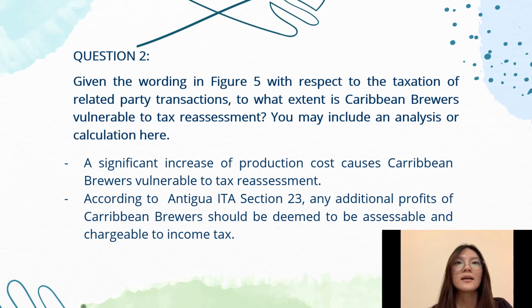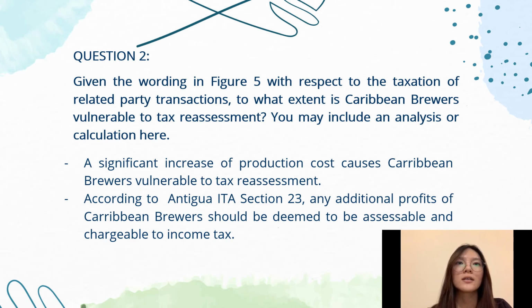In this case, a significant increase of production cost of Columbia Bourbon caused Columbia Bourbon to be vulnerable to tax reassessment. In fact, the actual amount of sales in 2009 for Columbia Bourbon should be more than $88 and $75.